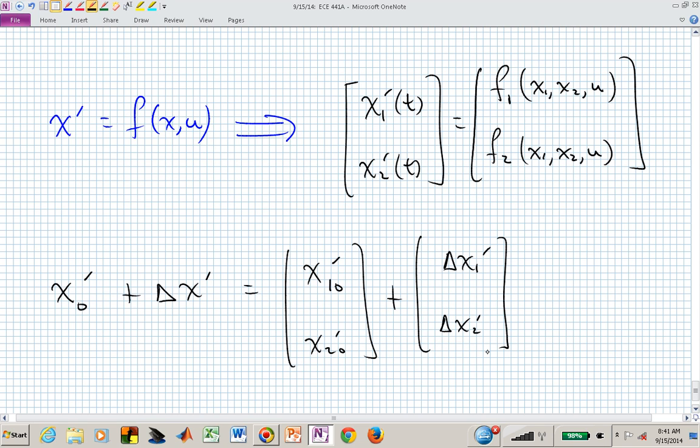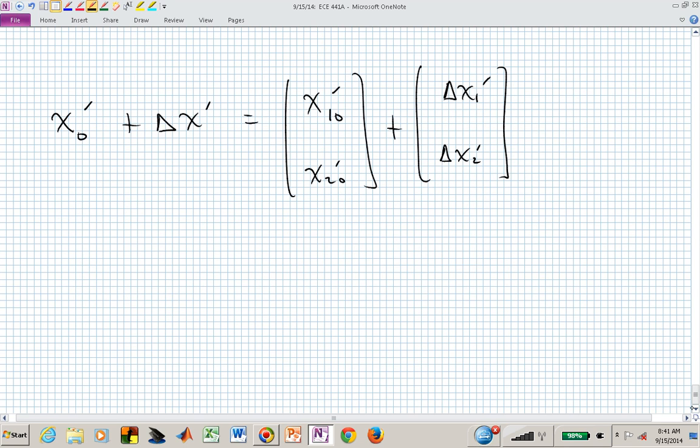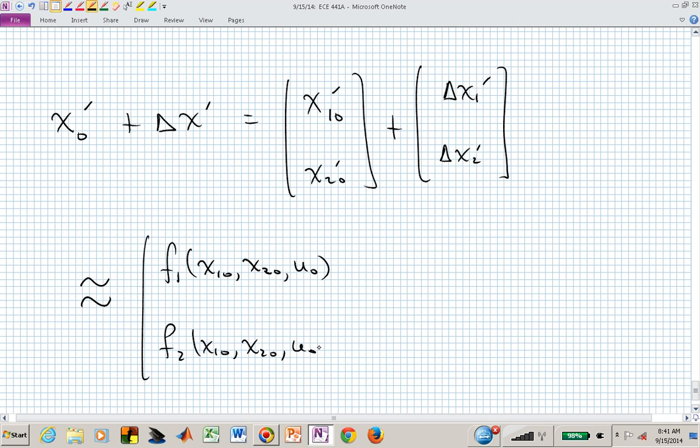I'm just breaking that out into what we know it is going to be. That's now going to be approximately f1 of x1 0, x2 0, u 0, f sub 2 of x1 0, x2 0, u of 0.